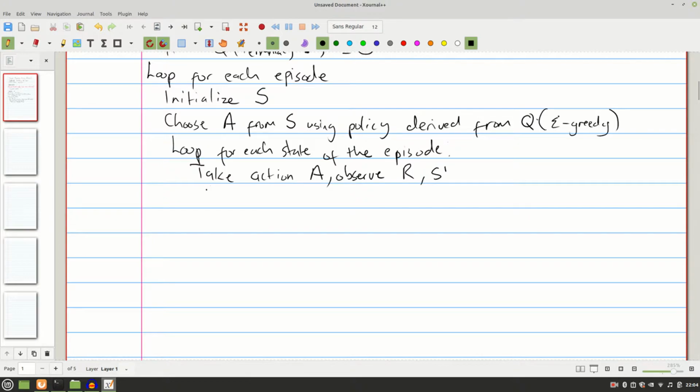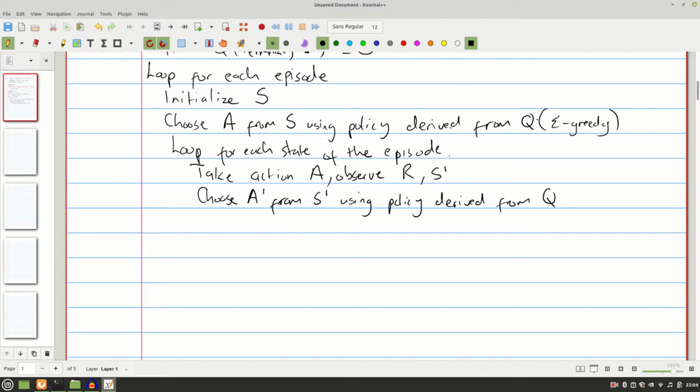And then this is the part we should be paying attention to. We choose A prime from S prime using the policy derived from Q. So when we now choose our A prime, the action we're going to take here, we are choosing this using the same policy that we had here.